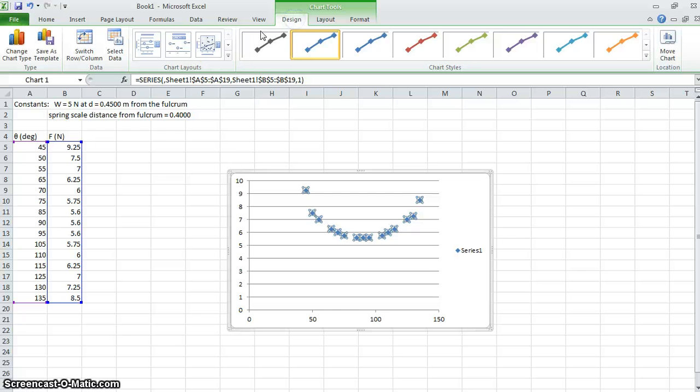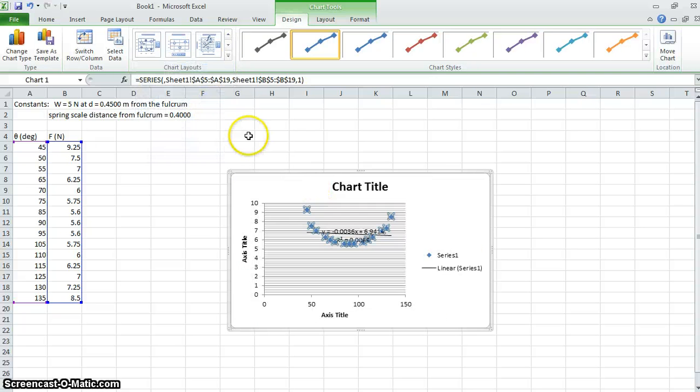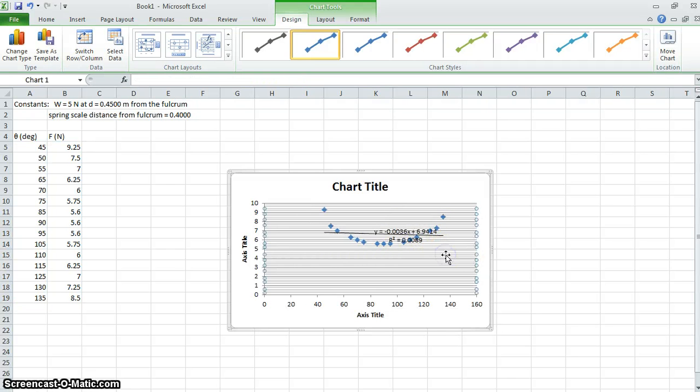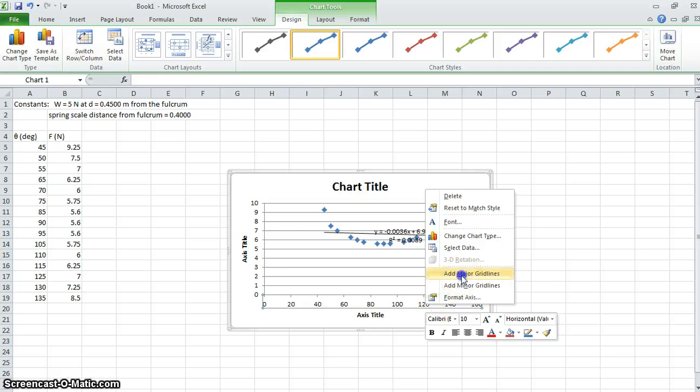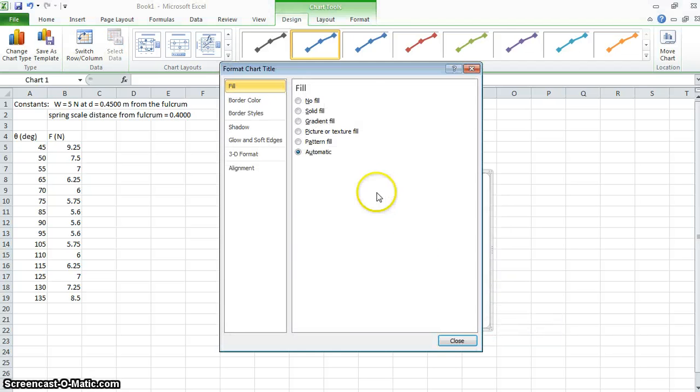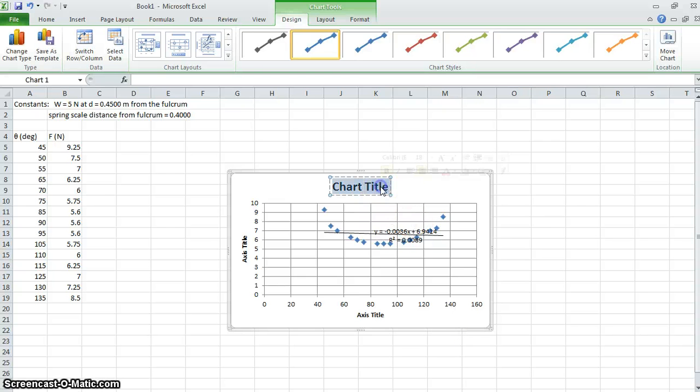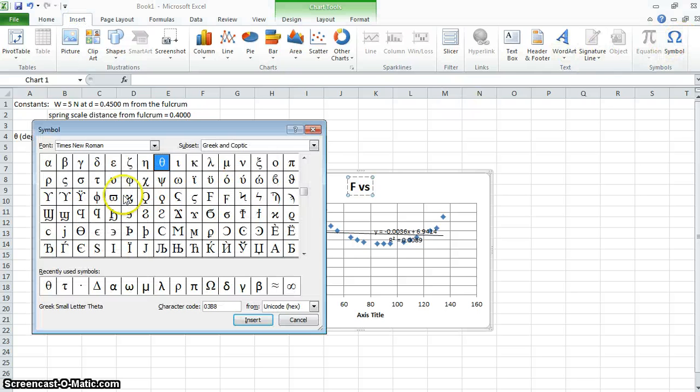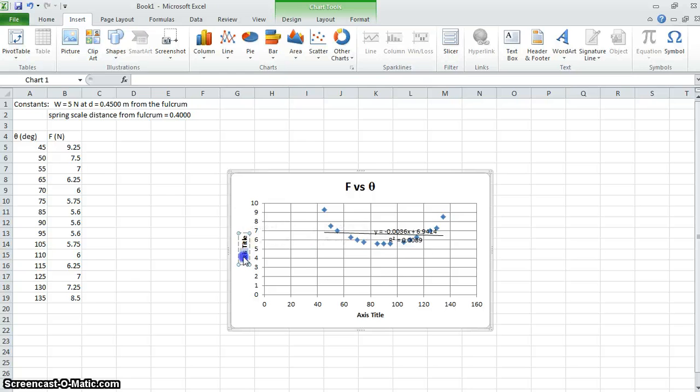I can click on those, delete those, put this in here, lines. And this was force versus angle. And this was the force. And this was the angle.